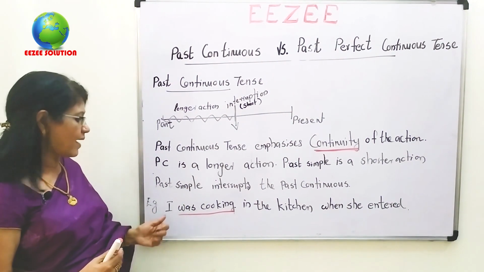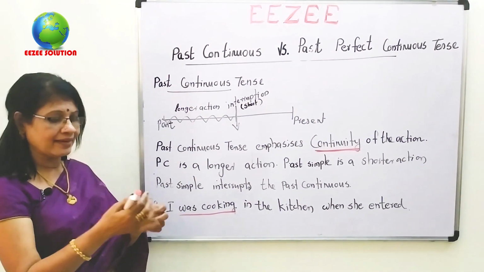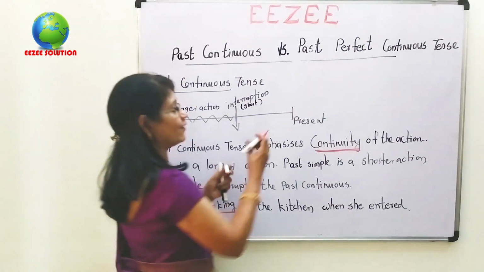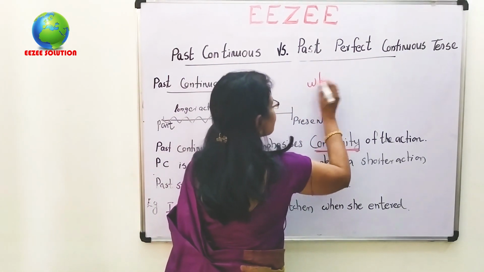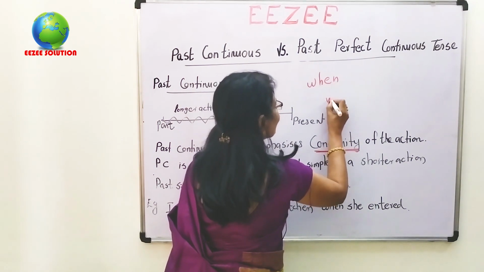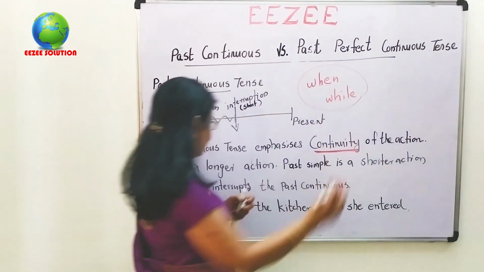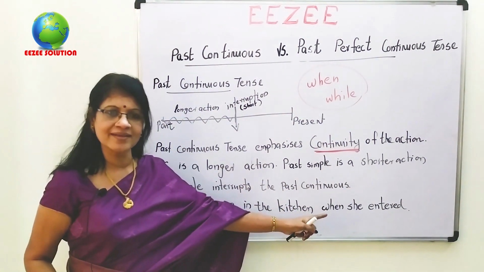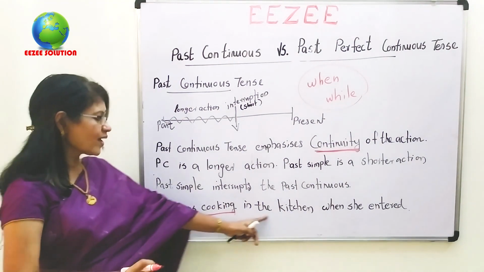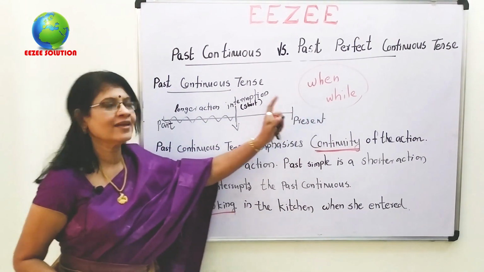When we use this past continuous tense, we can make use of the words when and while for connecting these two sentences. For example, while I was cooking in the kitchen, she entered. Or I was cooking in the kitchen when she entered.